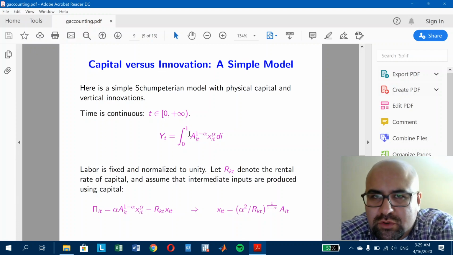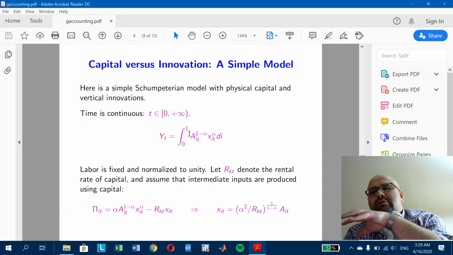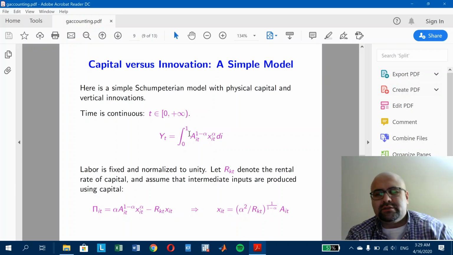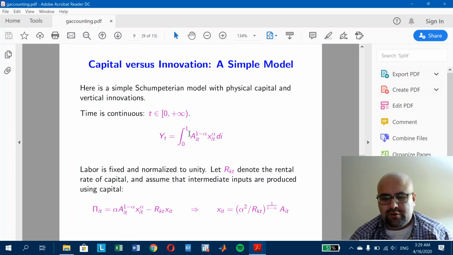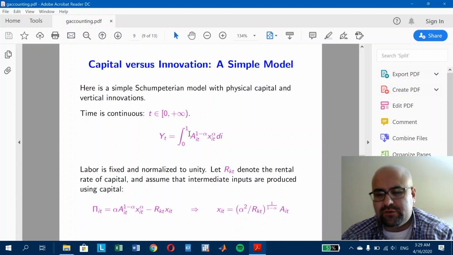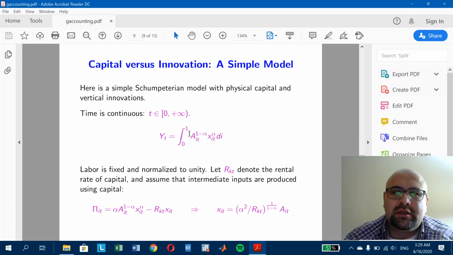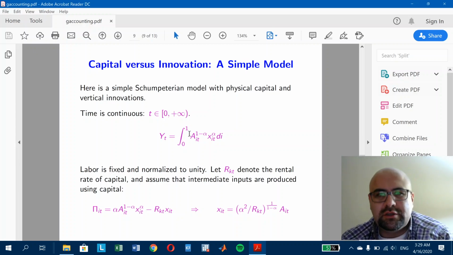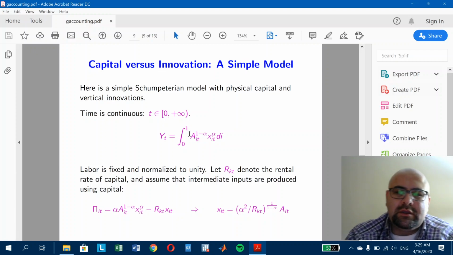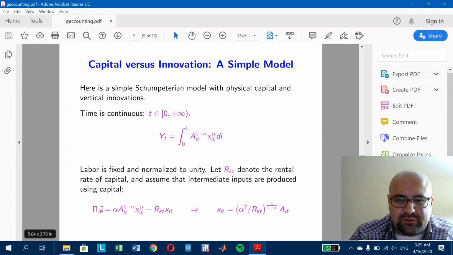Now, one important difference between the model in chapter 4 and this model is that now the firms that produce intermediate inputs will use capital stock, capital goods, to produce intermediate inputs, okay? So for this reason, the profit function will look a little bit different with the real rental rate of capital appearing here.